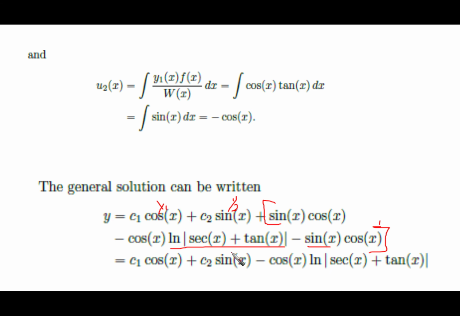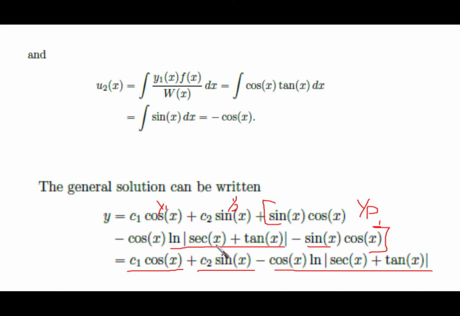So anyway, you are going to find that from here to here it is y particular, and we are going to rearrange them because we have a lot of cosine and sine that is considered to be common factors. So we're going to put c1 cosine x, c2 sine x, and then we are going to end up with the y particular to be cosine x ln sec x plus tan x.